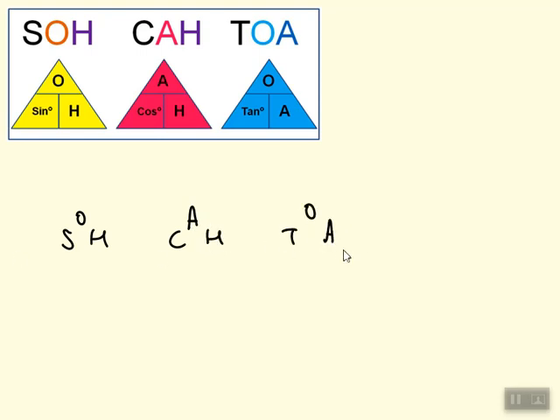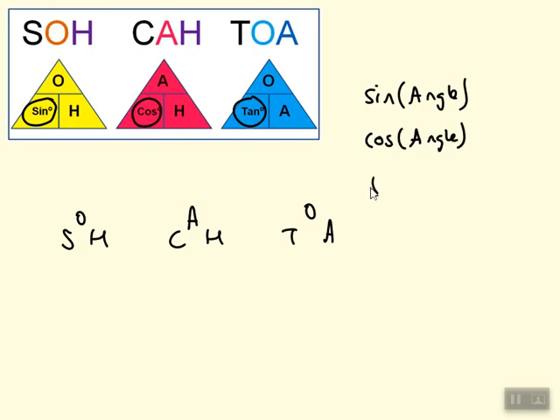That's how I write SOHCAHTOA, which helps me to remember. But just remember this one's the most important one. That stands for sine of some angle, whether you know it or not, or cos of some angle, whether you know it or not, and tan of the angle whether you know it or not.